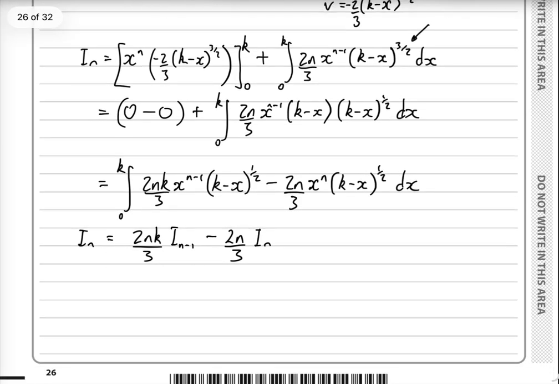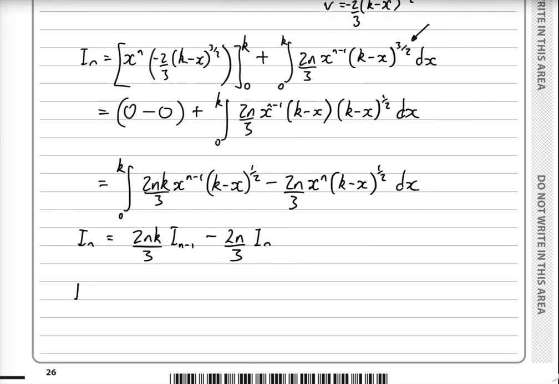Now we just need to rearrange, so the I_n's come together. We get I_n plus 2n over 3 I_n, make that a 3 over 3, factorize out the I_n: 3 plus 2n over 3, that still has to equal 2nk over 3 I_(n minus 1) on the other side.